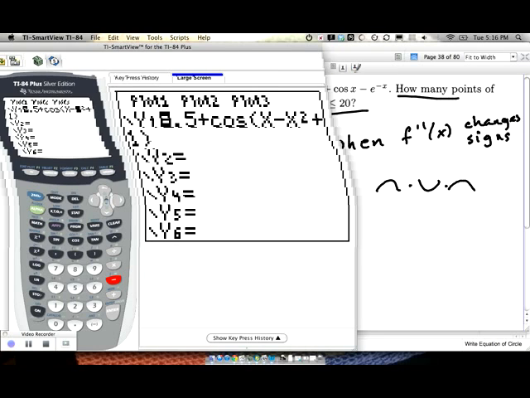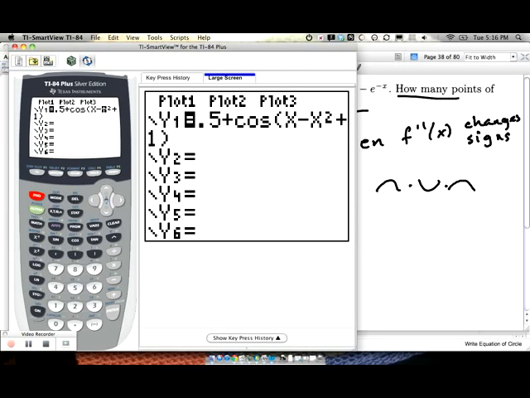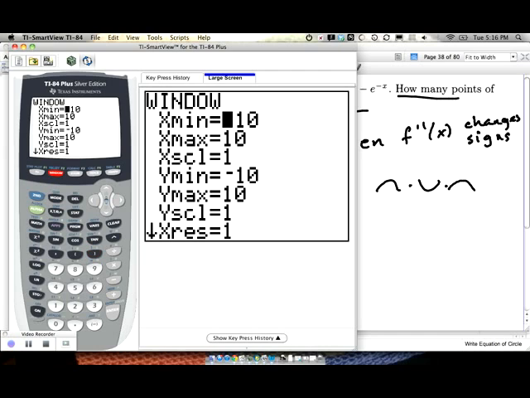Now e is with the natural log function, so we're going to do second e to the negative x and close that off. Let's see what we get. We need to change our window, from 0 to 20.